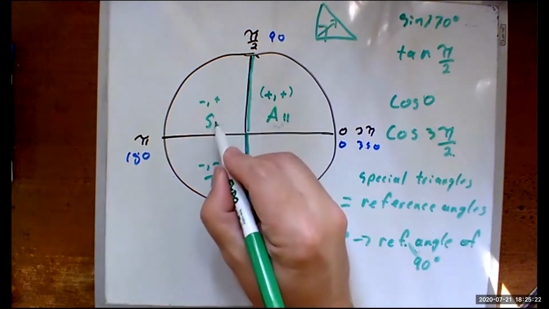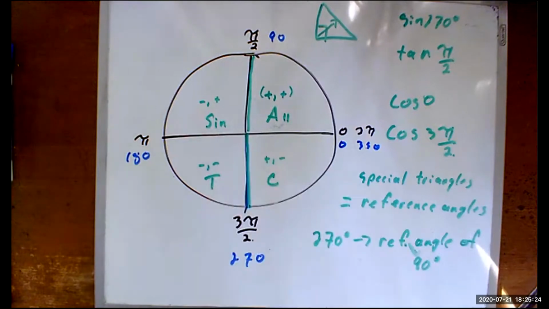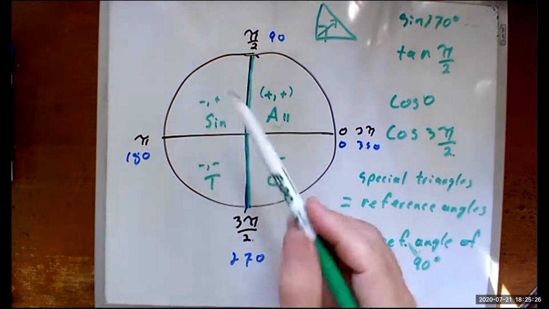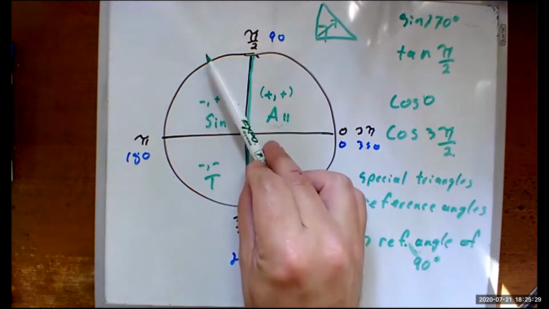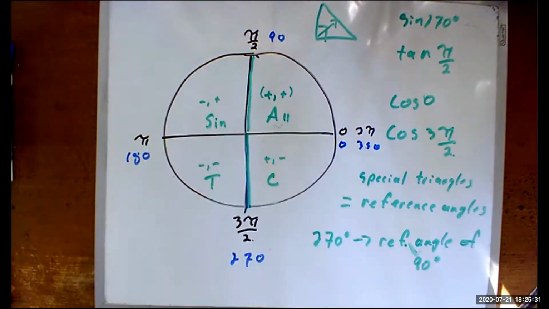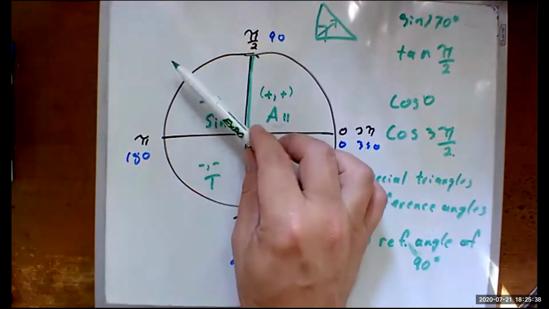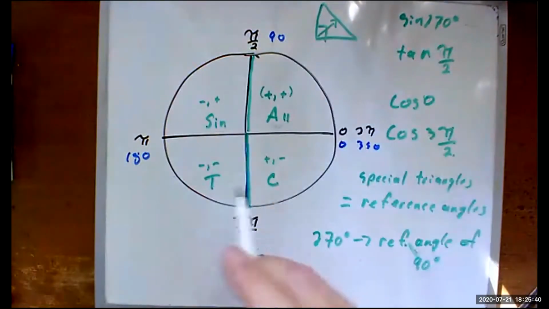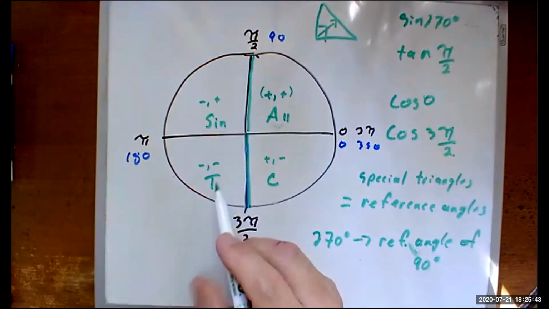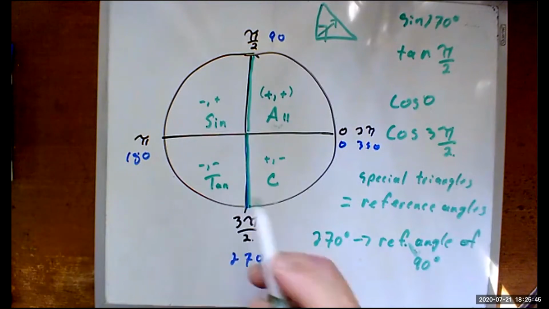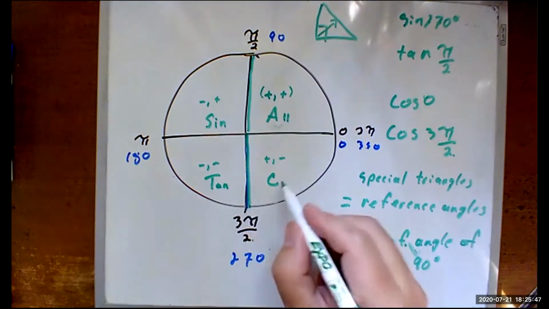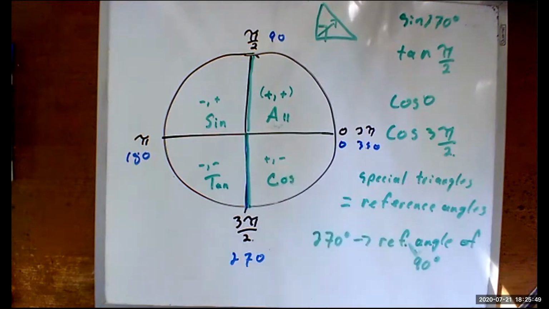In quadrant 2, it means that sine is positive, which means that when you're dealing with your reference angles and you have something fall into this quadrant, unless you're dealing with the sine of that angle, it's going to be negative. But if you are dealing with the sine of that angle, it will be positive. Moving into the third quadrant, tangent is the only thing that's positive. Everything else is negative. And then into the fourth quadrant, cosine is positive and everything else is negative.